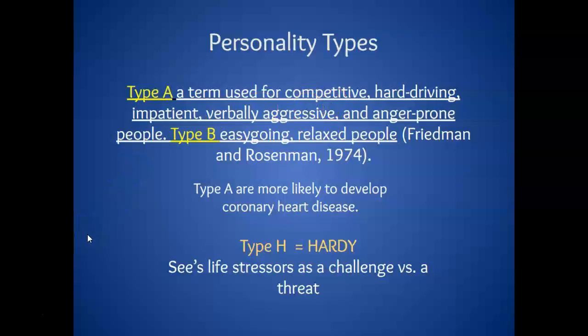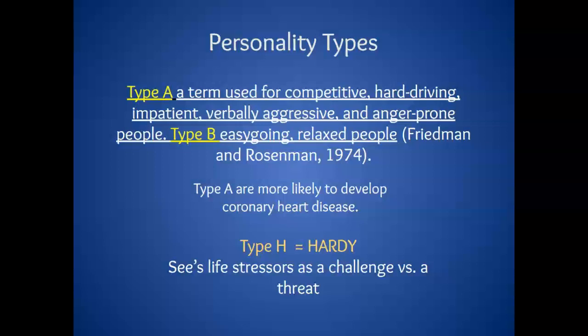There are a couple of different types of personality. Let's start with type A, and maybe some of you have heard of this. It's actually pretty interesting stuff. Type A is basically used to describe a competitive, hard-driving person, but this person also shows impatience. They can be verbally aggressive, and they're prone to anger.